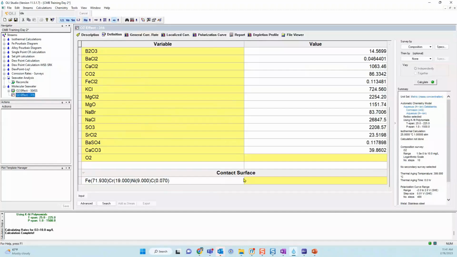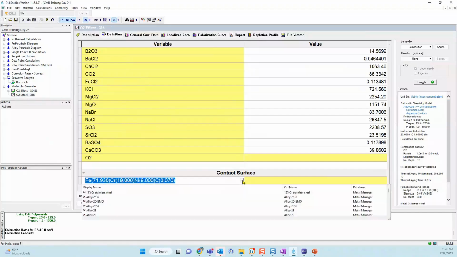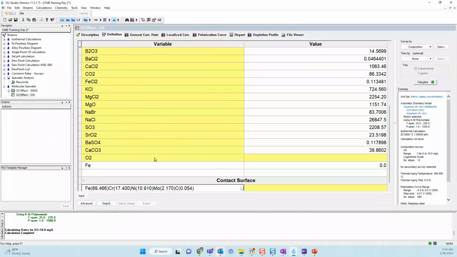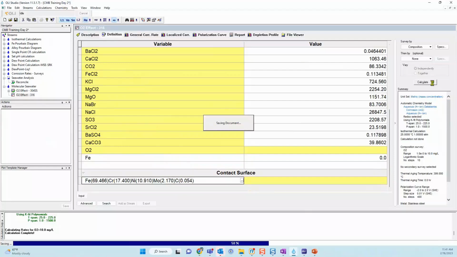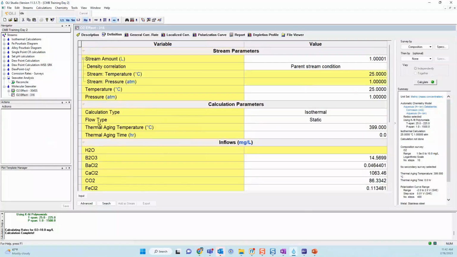And we look for 316 in here. Let me know if I'm going too fast or not. Let's save. And since I copy and pasted the same calculation, I can go ahead and recalculate, right?